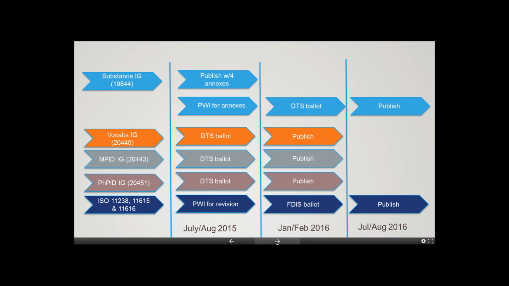Then, because of the development of these guidelines, there's also the need to adapt the standards, which will be a change request basically, which will happen also in 2016, 2017.